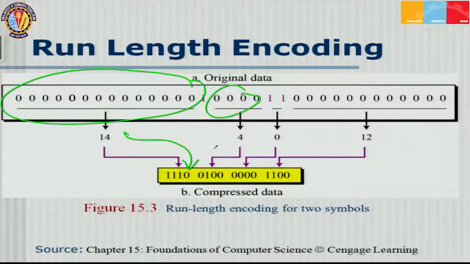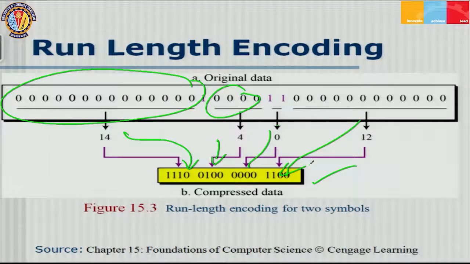Then there is 4, and likewise 12, 4 and 8, and this is 0. So this is how we do it. You can see here that the original bit string, which is in the white box above, is represented by a compressed string, which is given in the yellow box below.